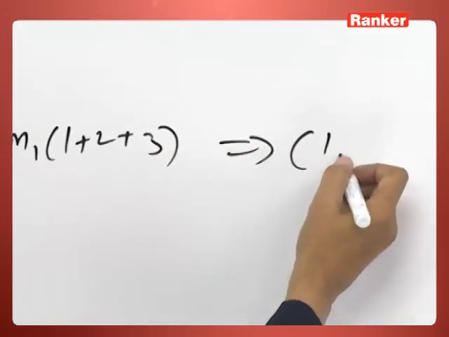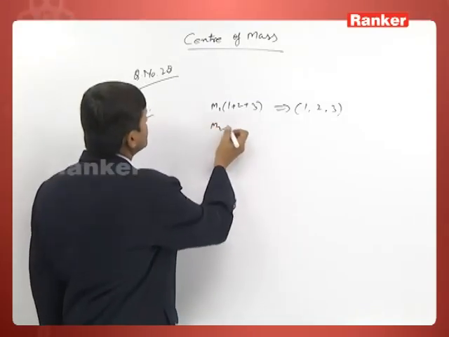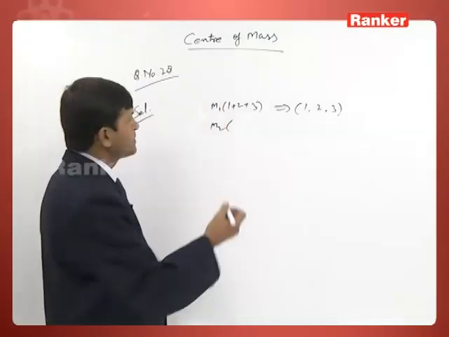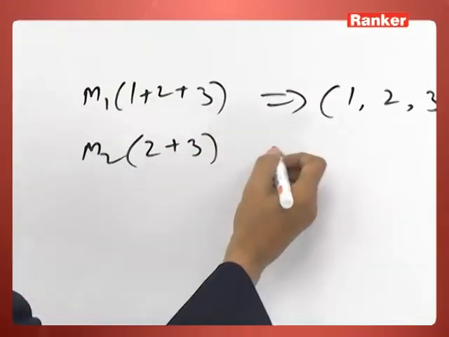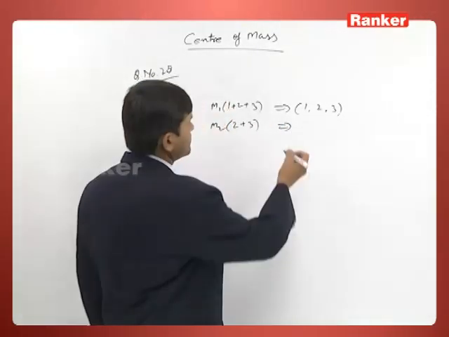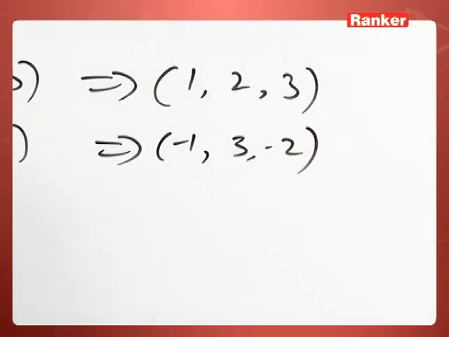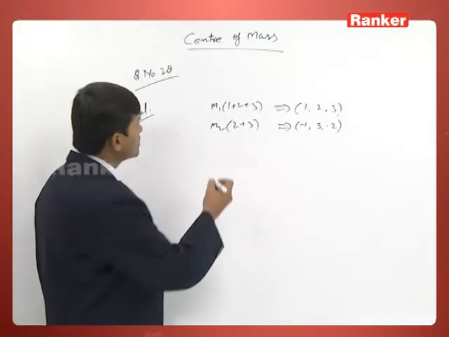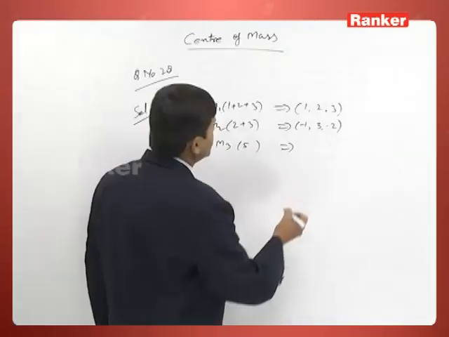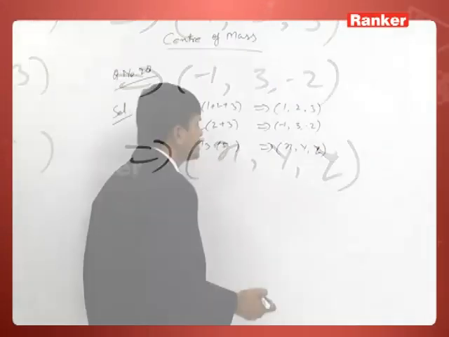The second mass m2 is 2 kg and 3 kg, that is 2 plus 3, and their center of mass is (-1, 3, -2). They are asking where the third mass m3, 5 kg, should be placed so that the center of mass of the system coincides with this.